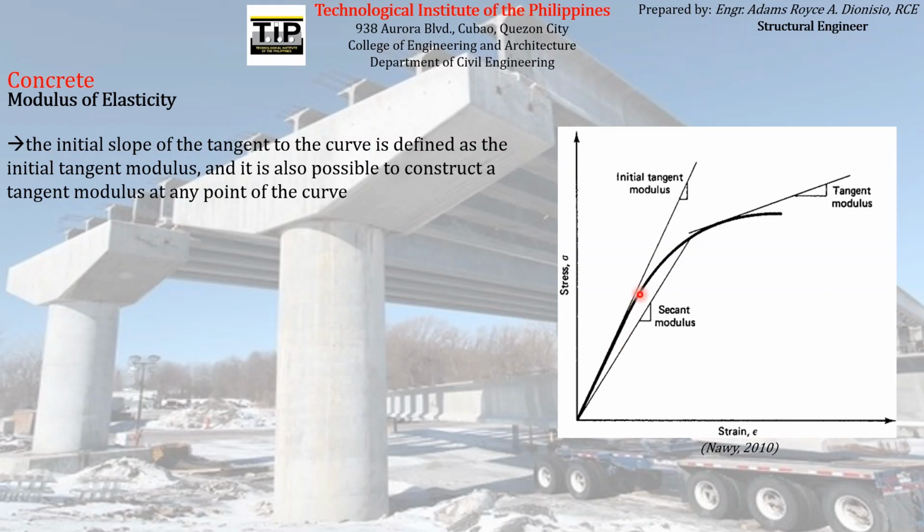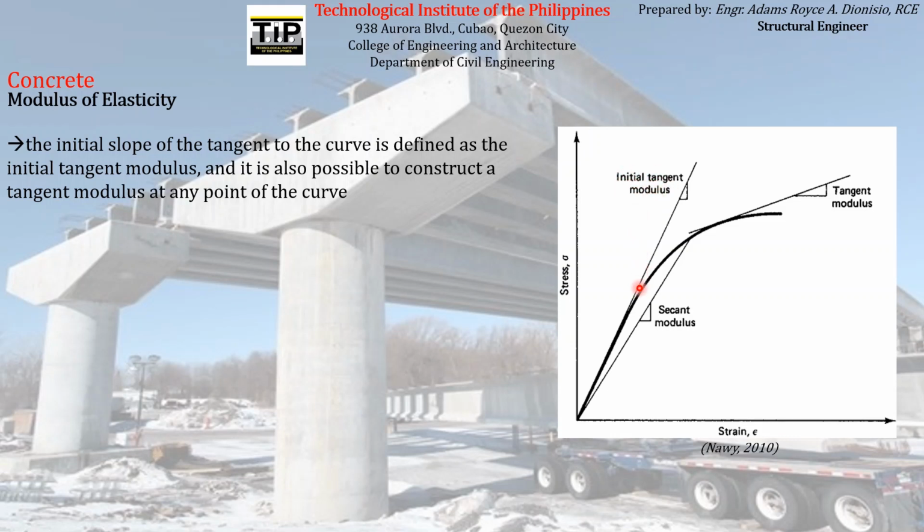Before, in mechanics of deformable bodies, that is our knowledge about modulus of elasticity. It is the slope of the first part of the stress strain curve, the linear part of the stress strain curve. Actually, the slope of that part of the stress strain curve is what we call the initial tangent modulus.